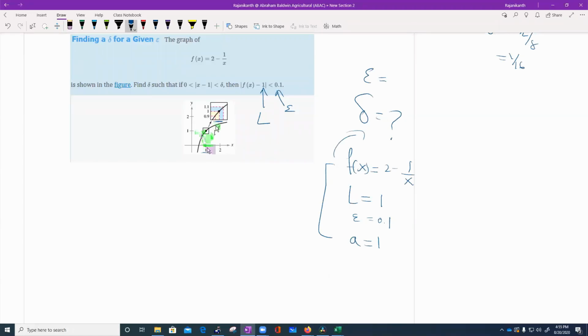Okay. So that means if you join this, and this point is here, the middle point is 1, and the right side of 1 is here. And again, if you draw along the function value, the function value is 1, the limiting value L is 1. This is my upper value and lower value.